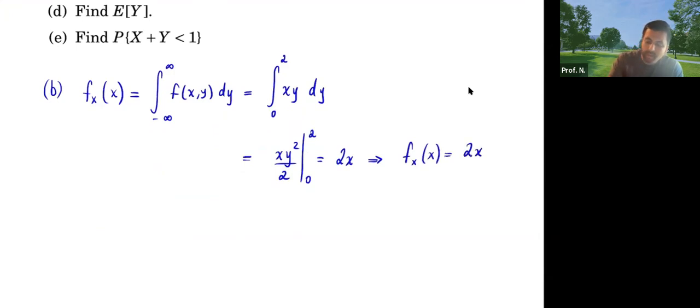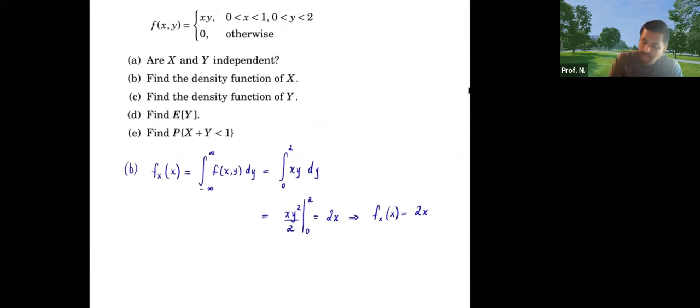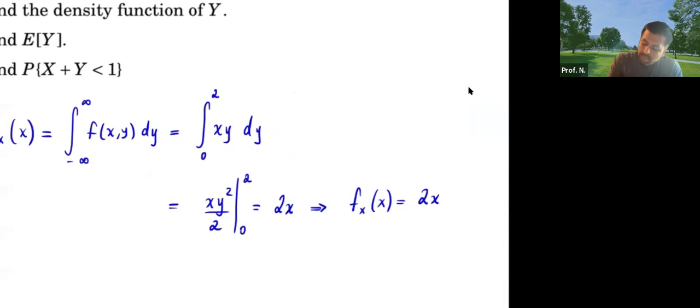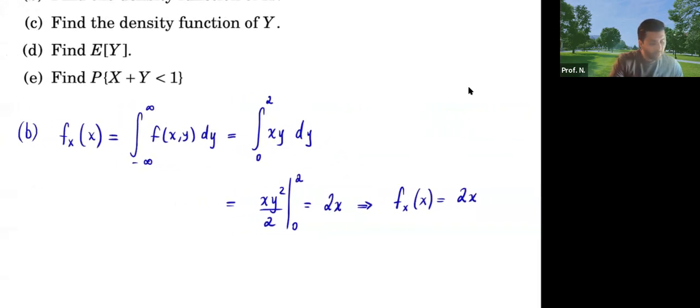And that's when x is between 0 and 1, right? Let me just make sure that the bounds are correct. Yeah.